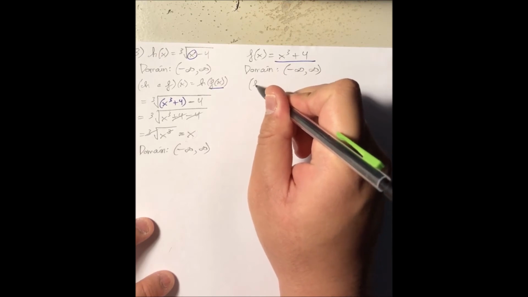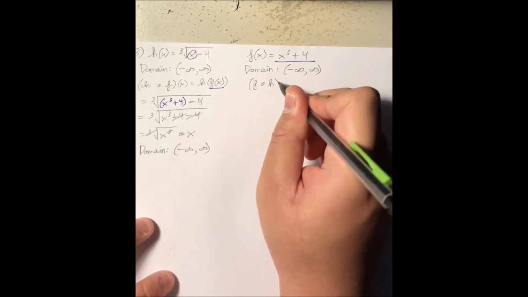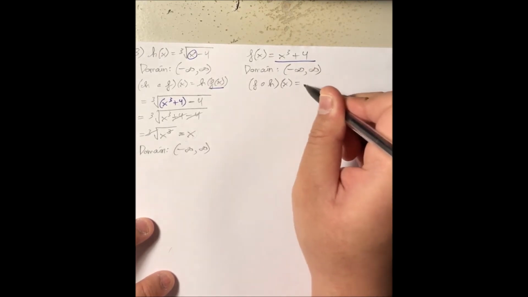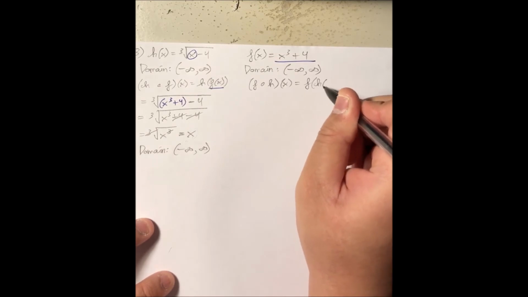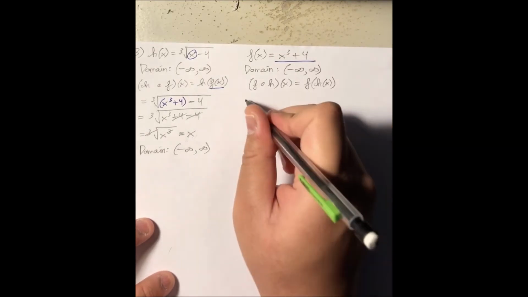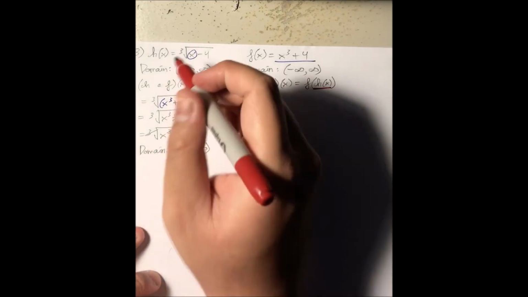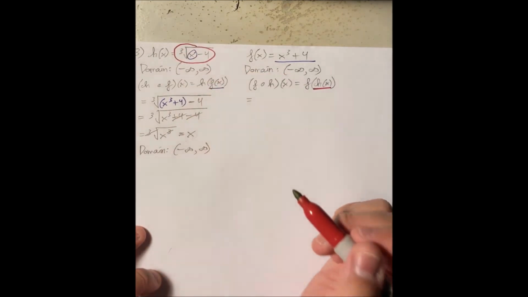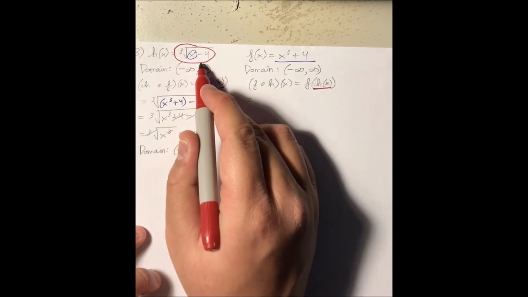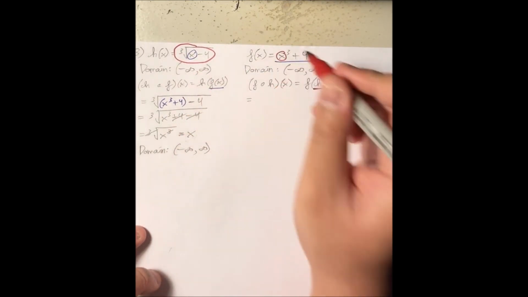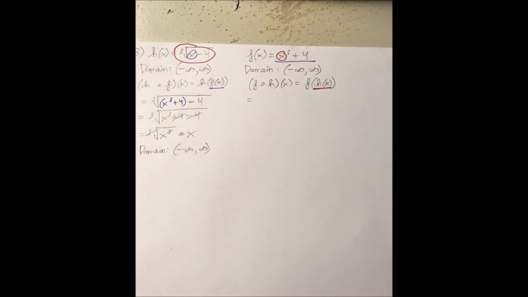Now, what about f composite h in terms of x, which is f of h of x? Let's say h of x is this whole thing. We take this whole thing and replace the x of the f with the one in red.